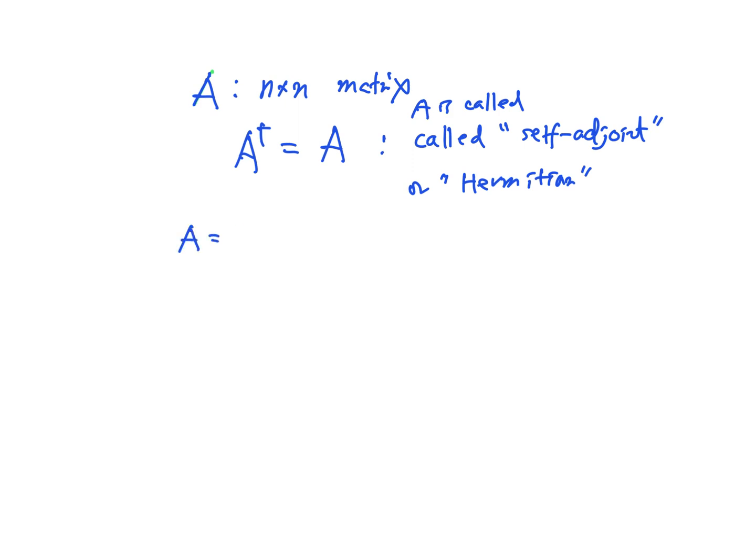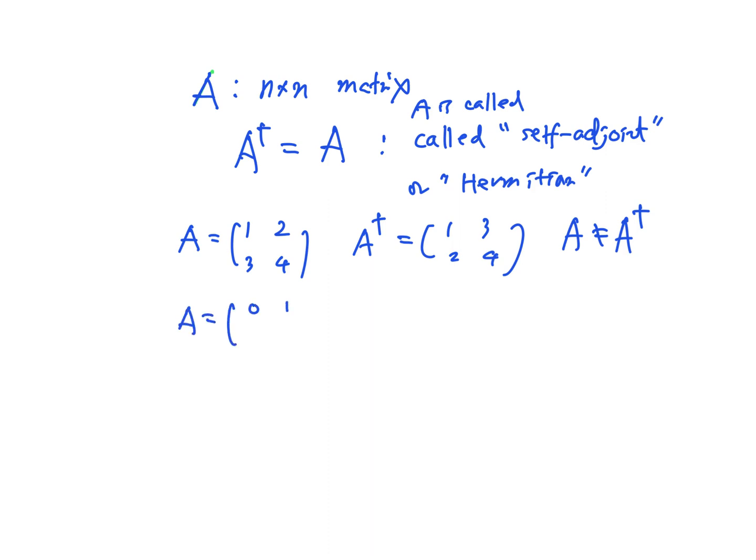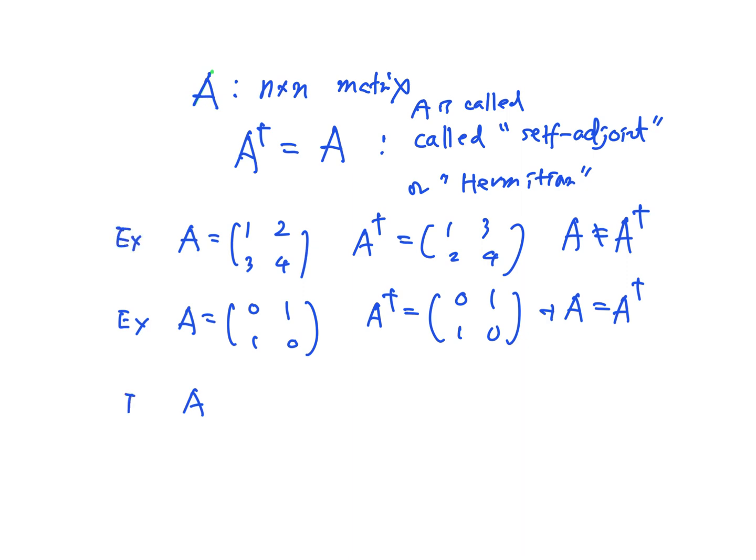So A, what is A adjoint? (1, 3; 2, 4), right? In this case, A and its adjoint are not the same. When A is (0, 1; 1, 0), then A adjoint is again (0, 1; 1, 0). So in this case, A is self-adjoint. Another example: (0, minus i; i, 0).